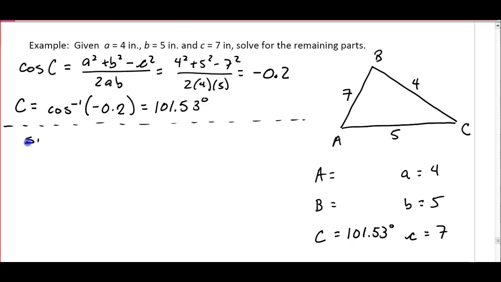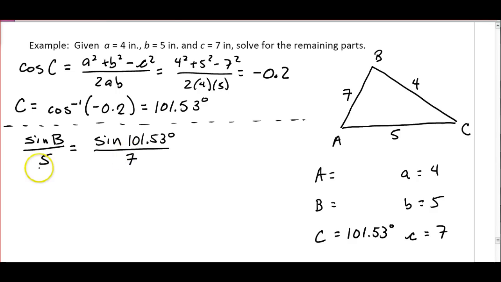So I know that the sine of B over side B, which was 5, is going to equal the sine of C, so that's 101.53 degrees, over, don't forget to have sine with your angles, over side C, which is 7.